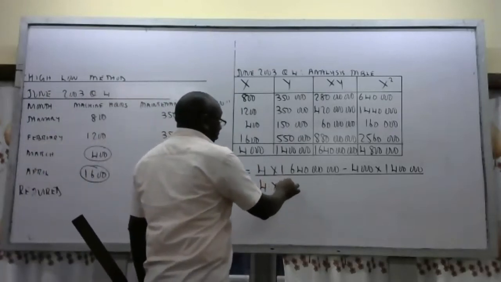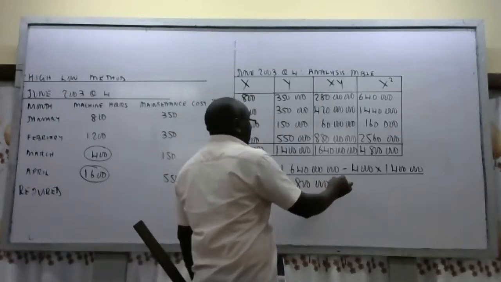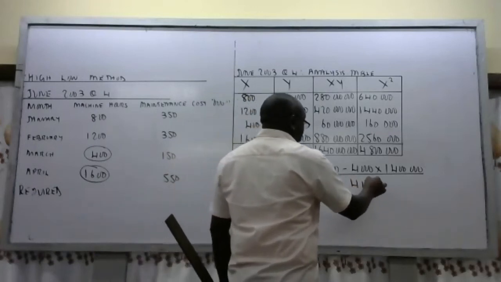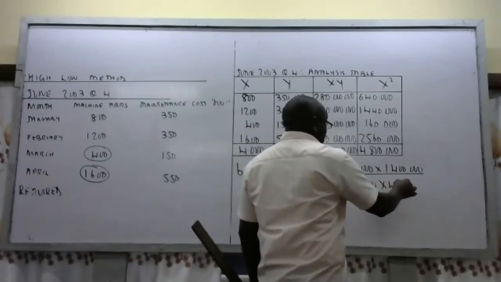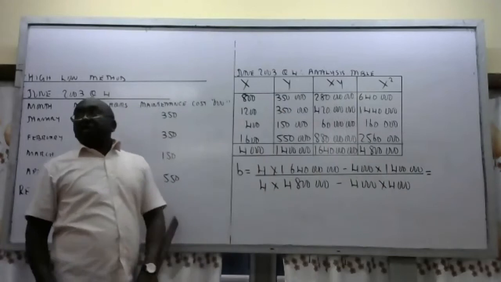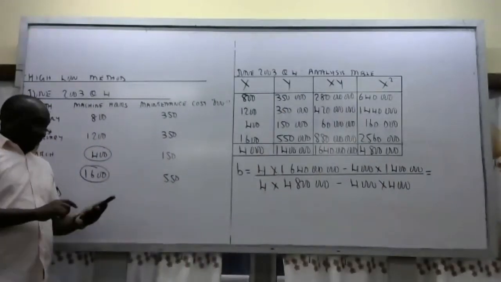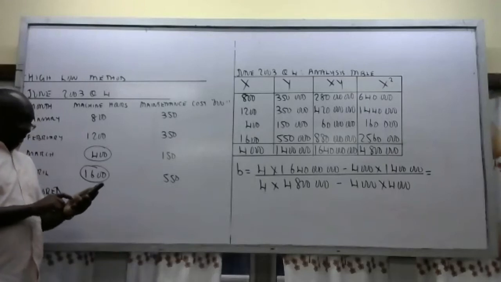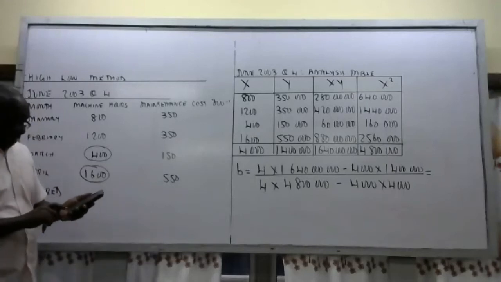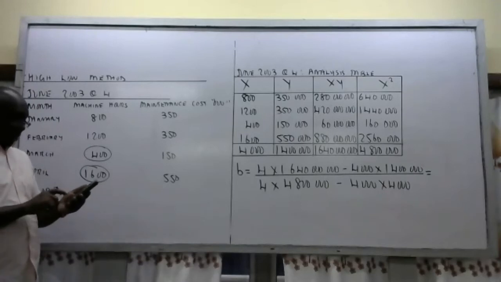Sum of X squared is 4,800,000 minus sum of X squared, 4,000 times 4,000. So if I say 4 times 4.8 exponential 5 minus 4,000 squared equals.